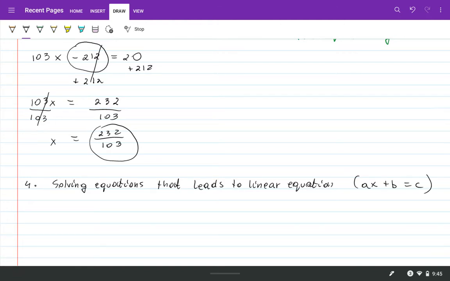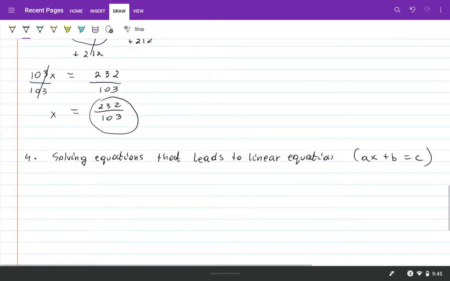So your x or variable has to be raised to the exponent equal 1. So we should not have any variable raised to the power higher than 1.